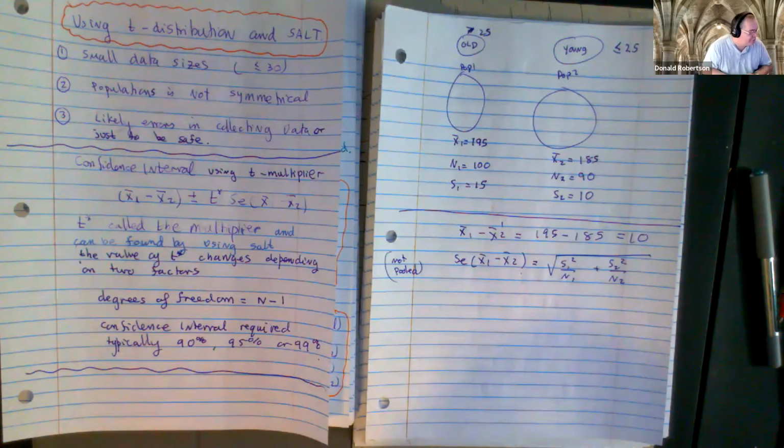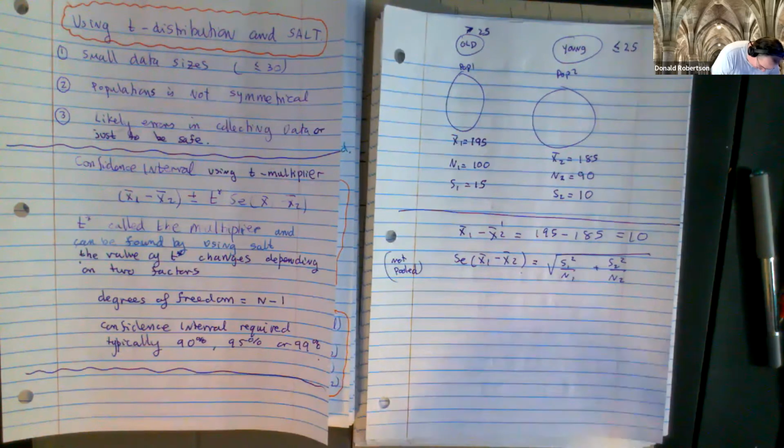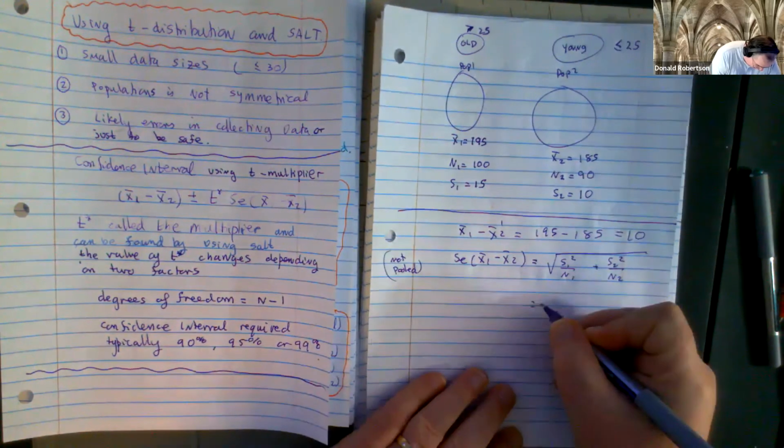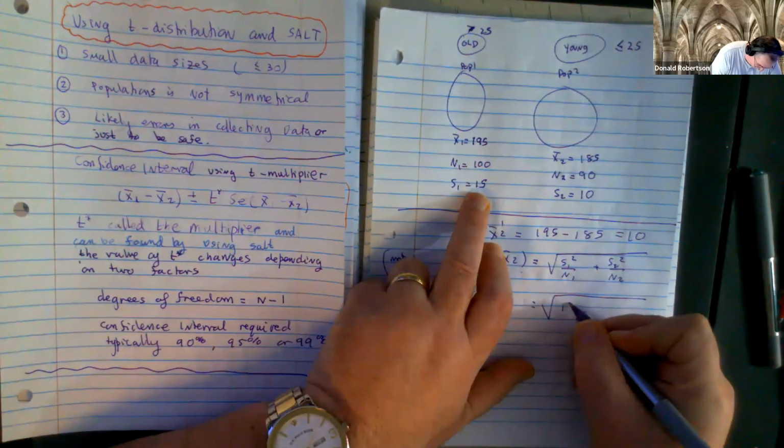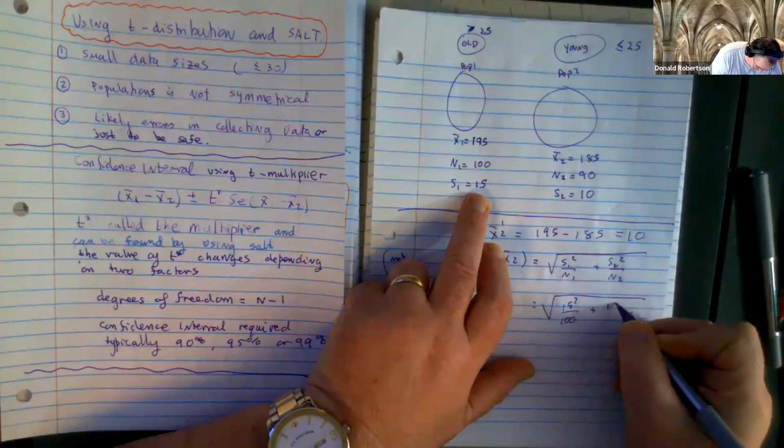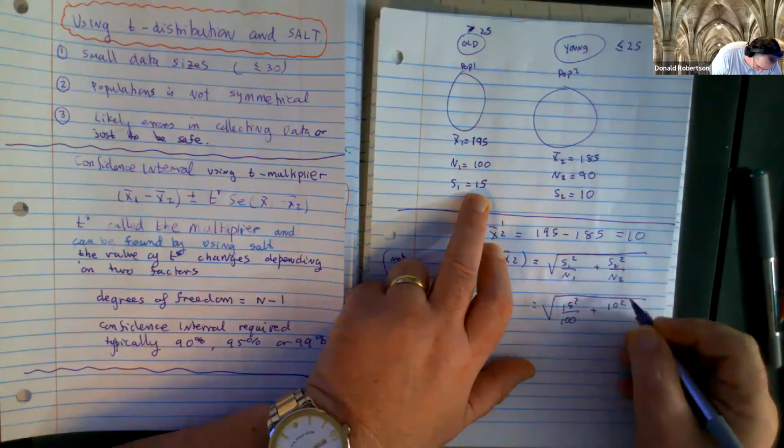It's the safest bet. In this case, it is going to be 15 squared over 100 plus 10 squared over 90.